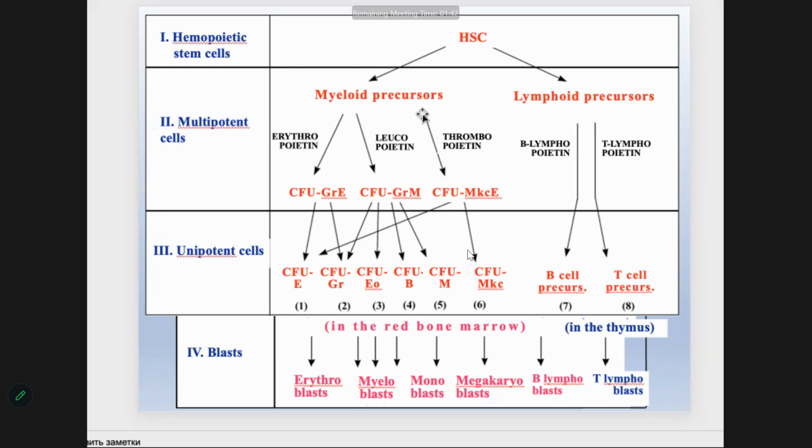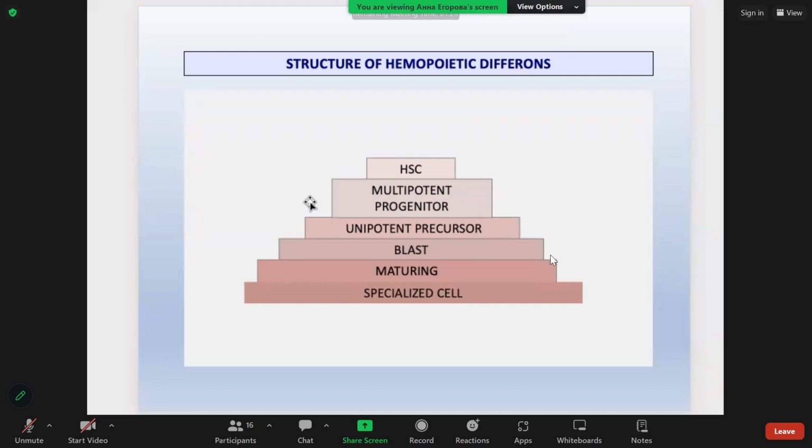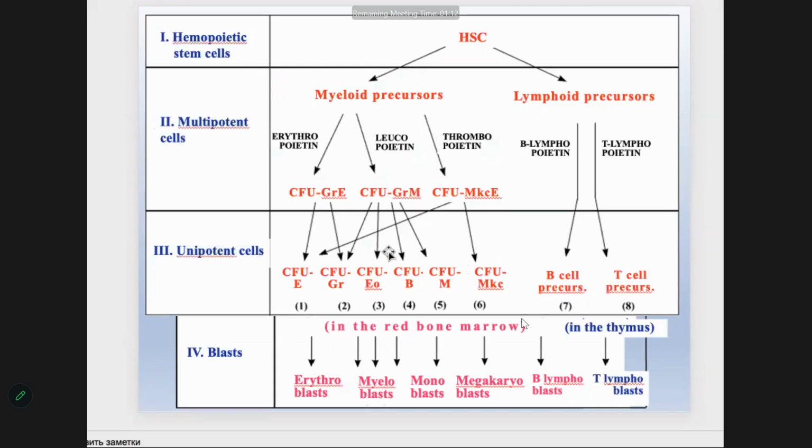Myeloid precursors develop to form the granulocytes, erythrocytes, monocytes, and thrombocytes, and lymphoid precursors transform only into lymphocytes. The third class is called unipotent precursor. A unipotent precursor transforms into only one concrete type of formed element, for example, precursor of erythrocytes, precursor of monocyte, and other unipotent precursors.